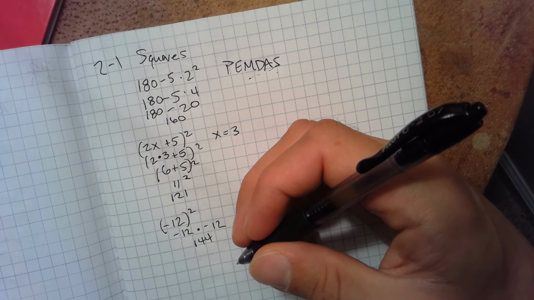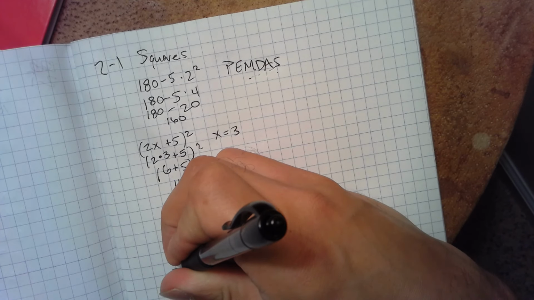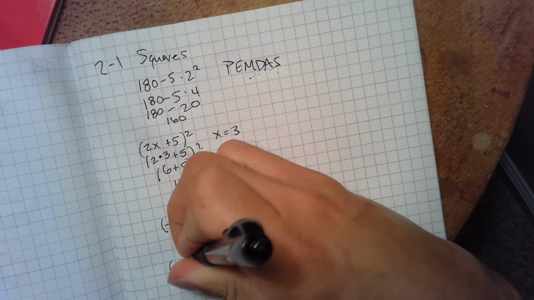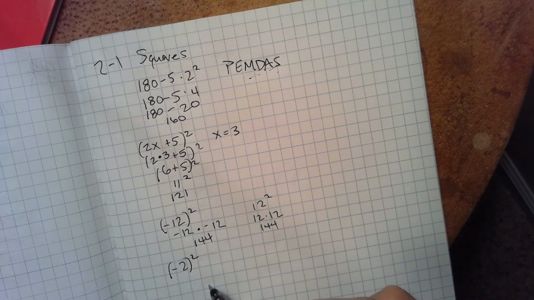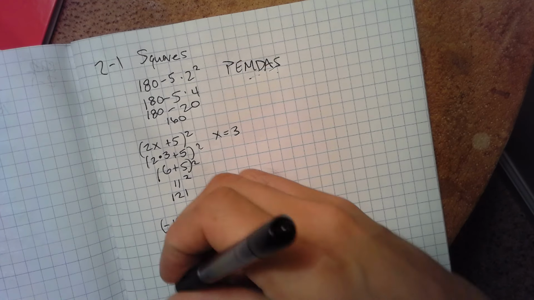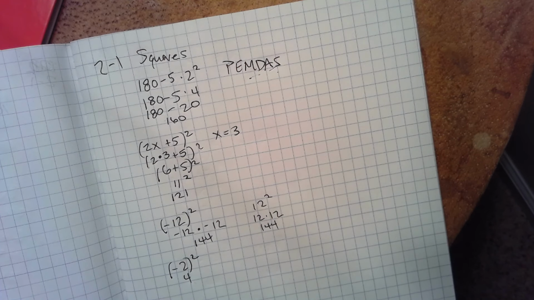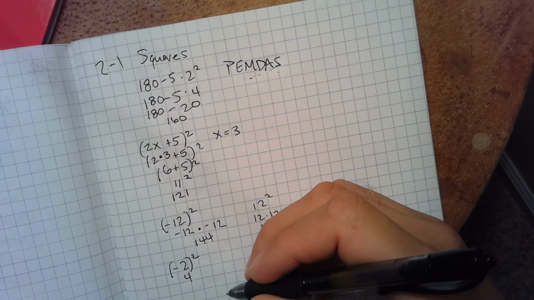So if we do negative 2 squared, you can do that problem. So go and try that one out. And you should have gotten negative 2 times negative 2, which equals 4. So this simplifies to 4.